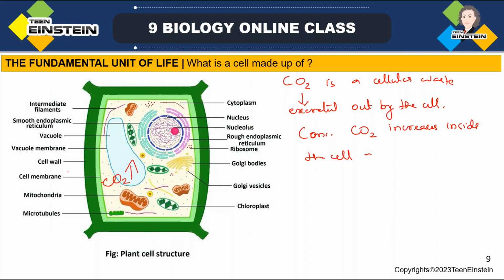So in the external environment of the cell, the concentration of carbon dioxide is low when it is compared to the inside of the cell. Here, the carbon dioxide level inside the cell is high due to the cellular processes, as the waste gas carbon dioxide is getting accumulated. Compared to the inside condition, outside carbon dioxide concentration will be low.